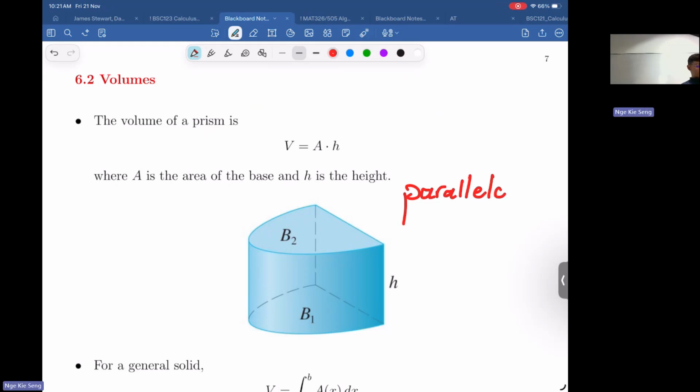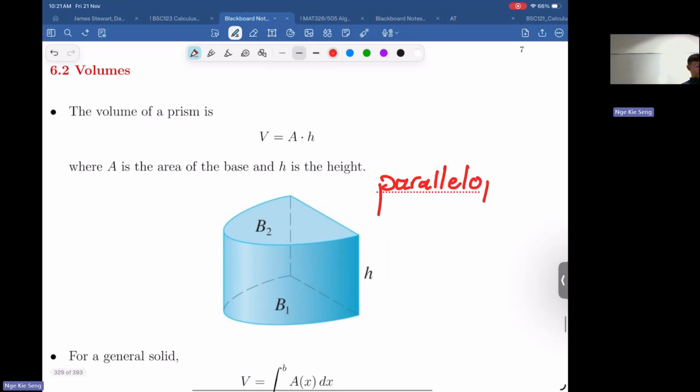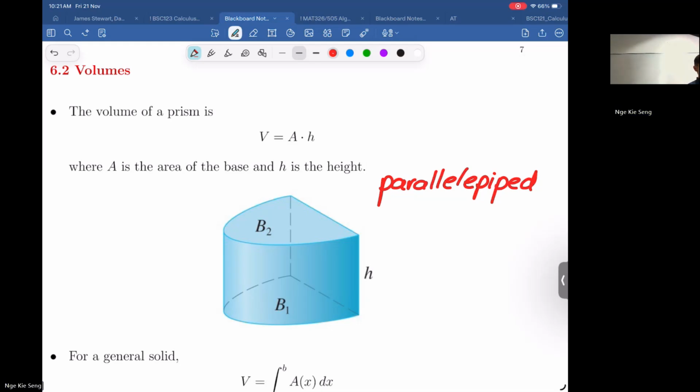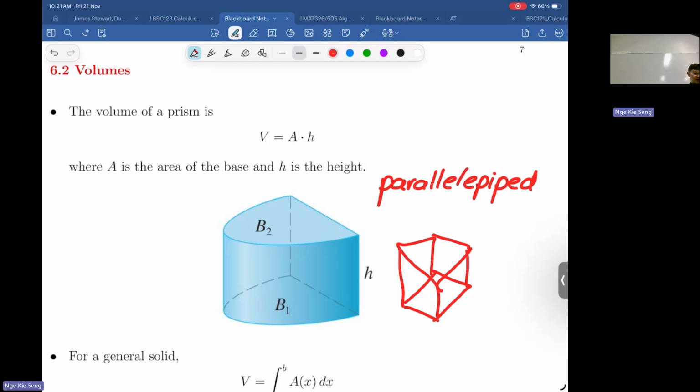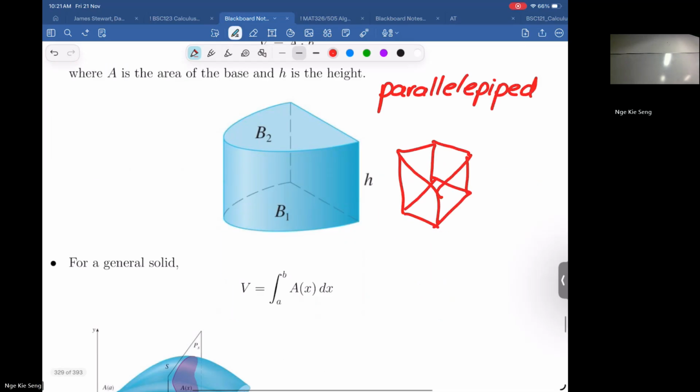So if you have a square base, you will get a cube. Okay, so in general, it's a prism here.